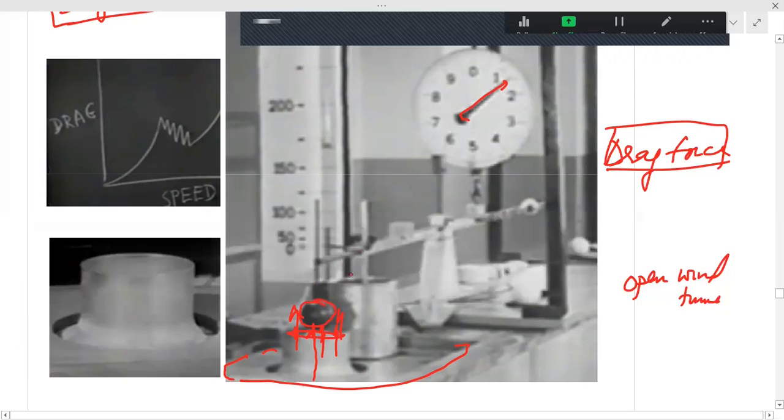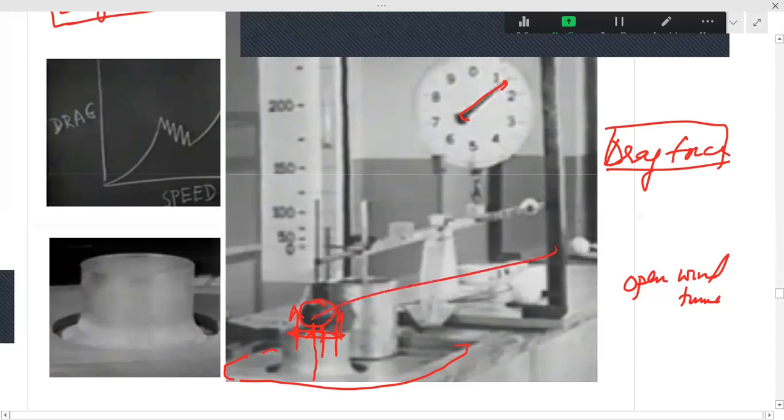So the observation was somewhat like this: when the wind blows over this roughened ball, where you have created surface roughness with sandpaper or something like that, and you have kept it above the open wind tunnel, which you can think of as a jet of air moving up, what you see is, as the speed increases, the drag force also increases with the speed.